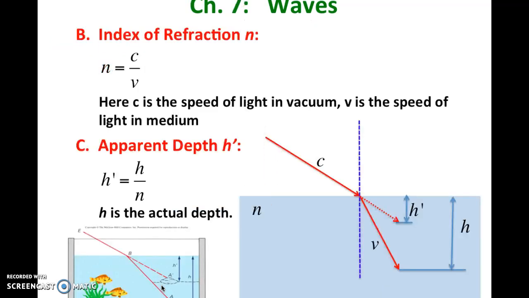The index of refraction, n, is a physical quantity to measure the ability of direction change, defined by the ratio of light speed in the vacuum and the light speed in the medium, i.e., n equals c over v.